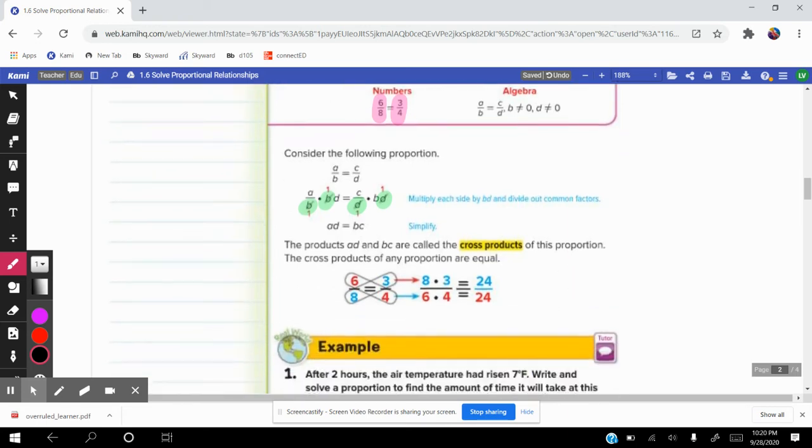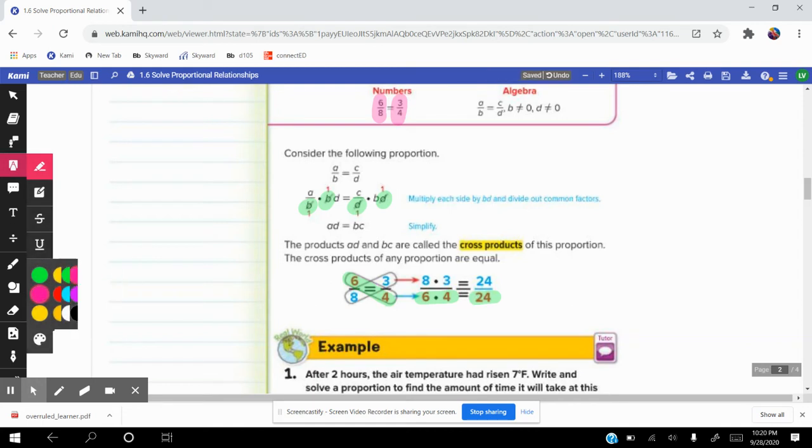The cross products of any proportion are equal. So in this case, we're taking 6 times 4, which they put in the denominator, that equals 24. 8 times 3, they put in the numerator, and that equals 24. 24 divided by 24 is 1.